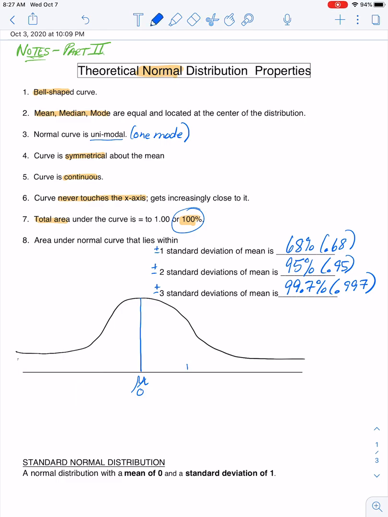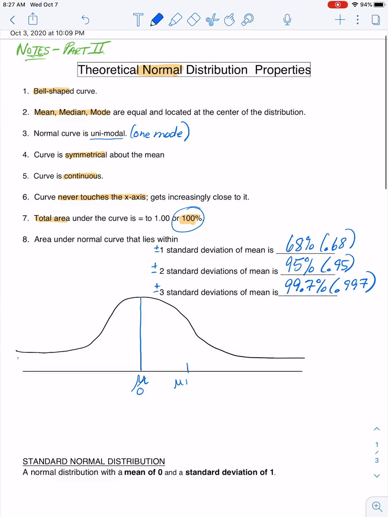All right, so we'll drop this in here and we'll say we're going to go from the mean plus 1 deviation. And I probably should do this all in population notation. Sorry, I'm messing up your notes here. All right, try again. So the mean plus 1 deviation, the mean minus 1 deviation, is going to fall in here.